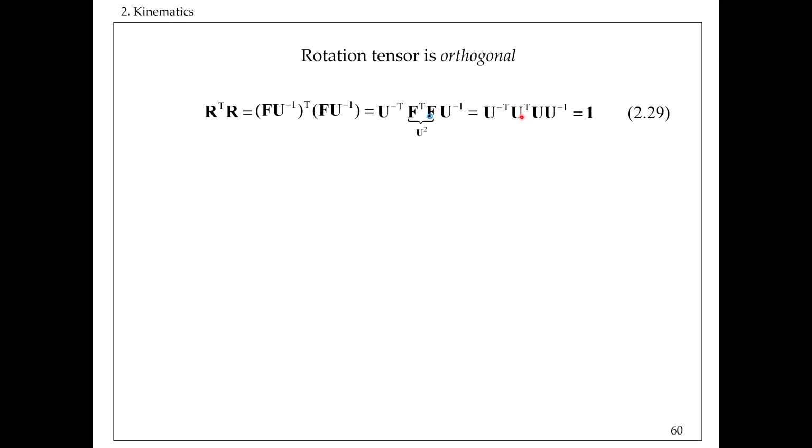We recall that C is a symmetric tensor, so we can transpose it and it will be the same. So from that, U squared will be U multiplied by U, but suddenly we wrote U transpose U here, right?